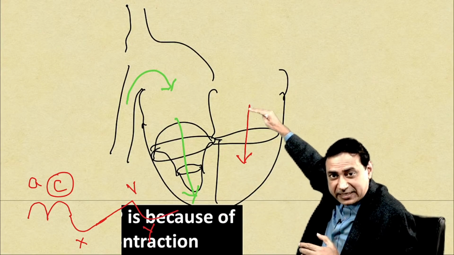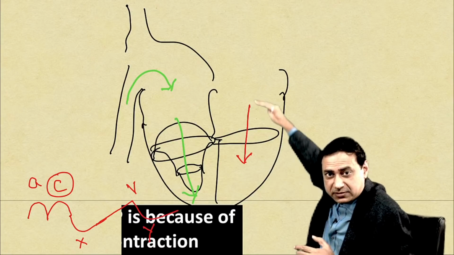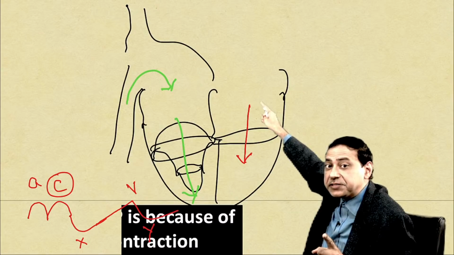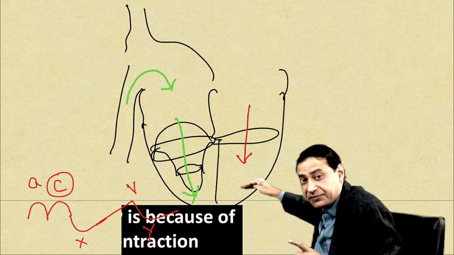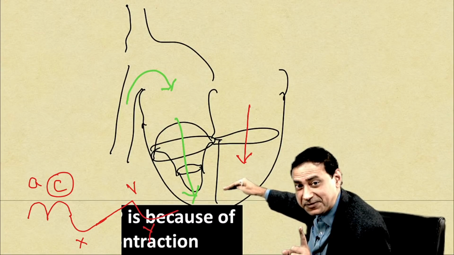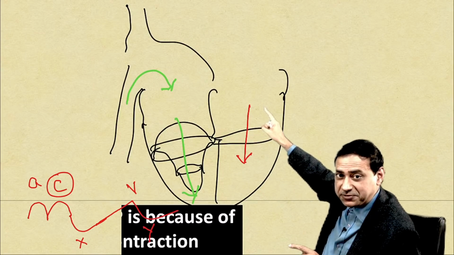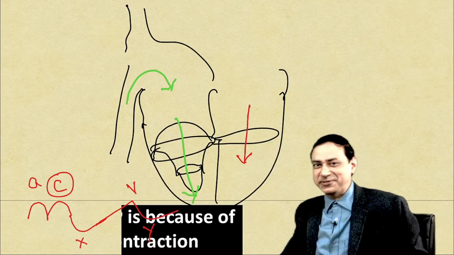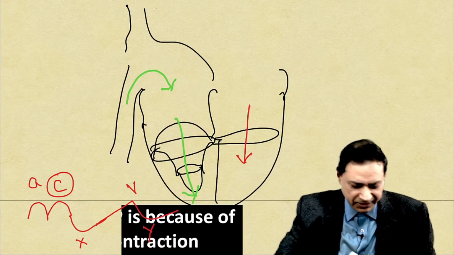First rapid filling is passive. Valve opens, rapid filling, passive. Second is because of atrial contraction. Atrial contraction will lead to rapid filling again. This is fourth heart sound. Atrial contraction will not produce sound. When blood flows, that will lead to turbulence, that will lead to sound. Okay.